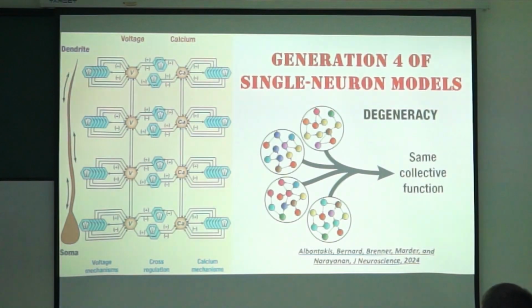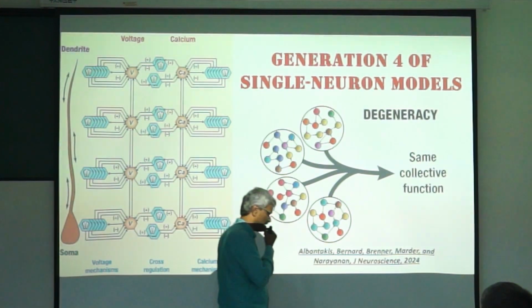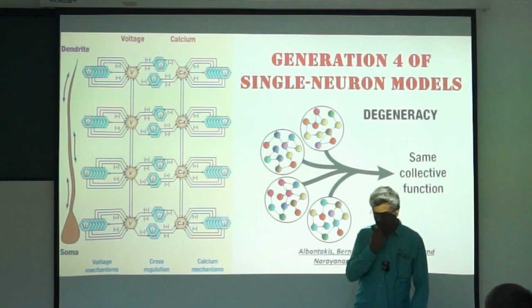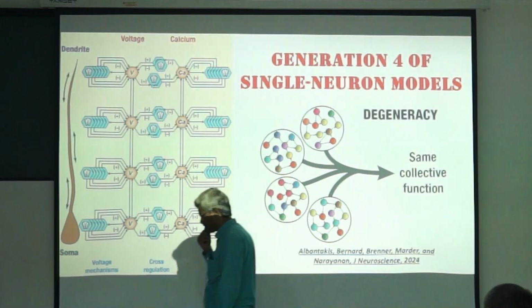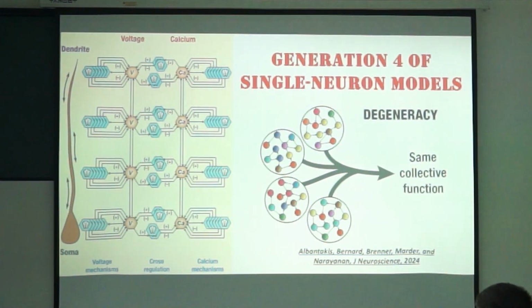The fourth generation of models, which I think we are currently in now, started in the early 2000s when people started recording from many and many neurons, and computational power became much more easily available. Therefore, instead of modeling single neurons, they started asking questions.